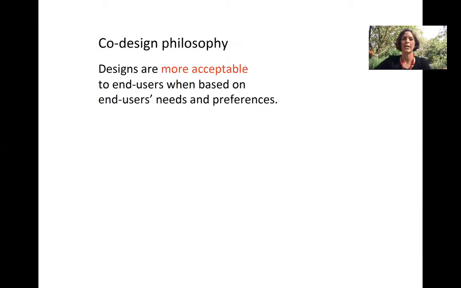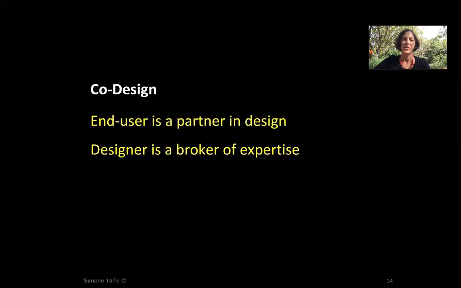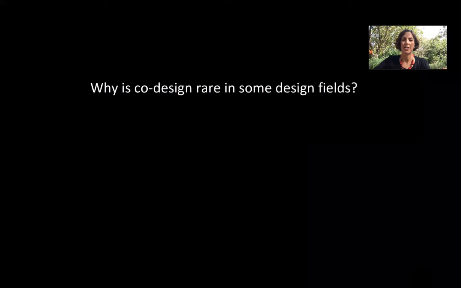Co-design philosophy says that designs are often more acceptable to end users when based on end users' real needs and preferences, what they want, what they really, really want. In co-design, end users are partners in the design process, and some people call designers a broker of expertise.